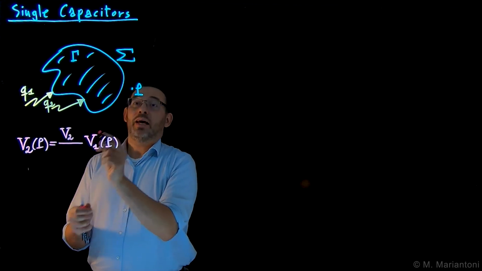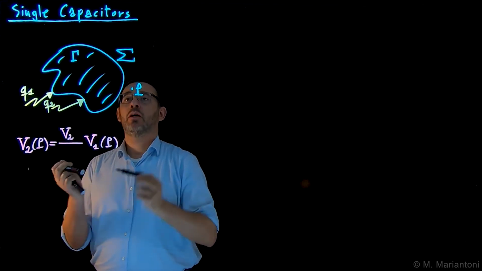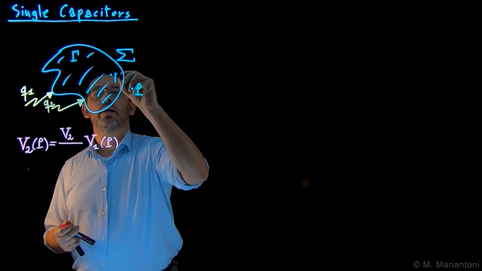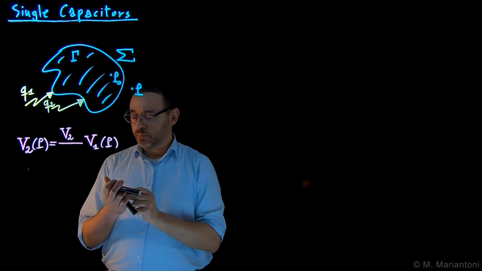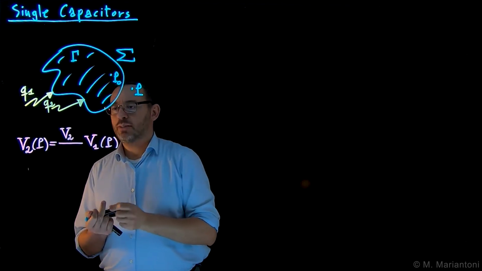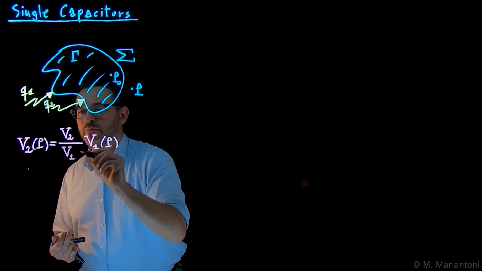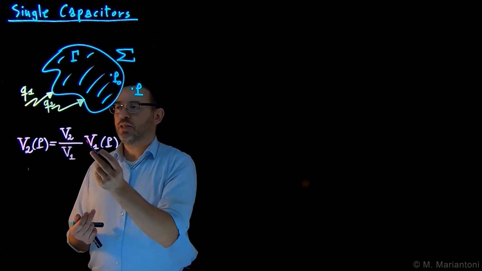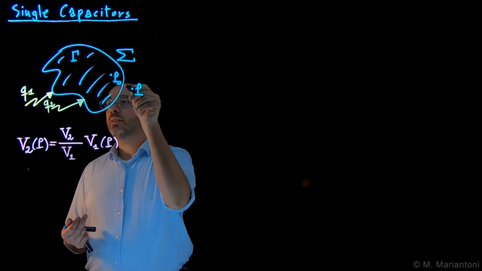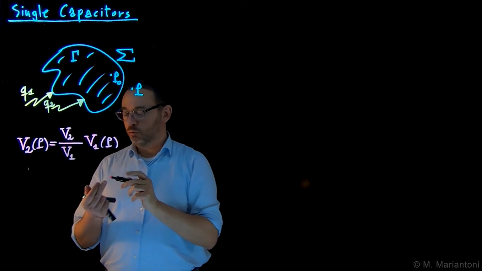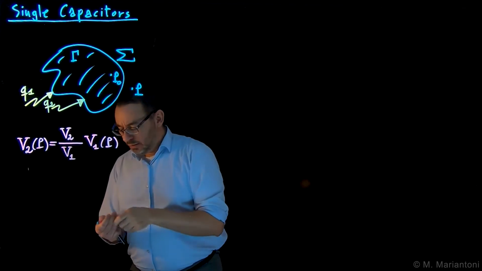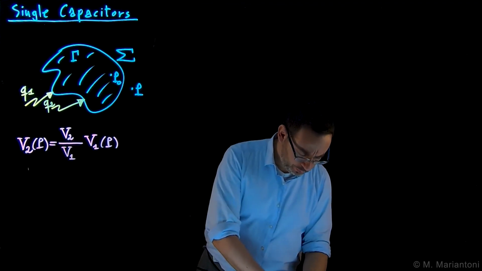So this V2 means right at any point on the surface capital sigma, like a point P naught. I don't specify, it's just a constant value, divided by V1, which is a constant value. These two constant values, one is at any point P naught due to Q2 and one is due to Q1, respectively. So this is the relationship which we found before.